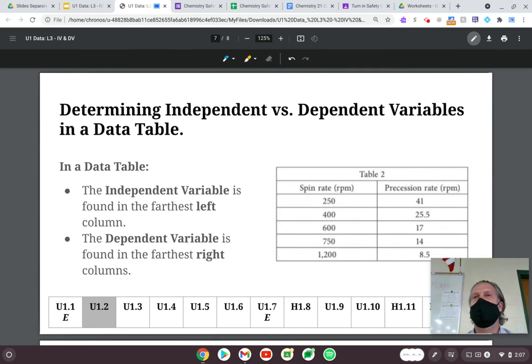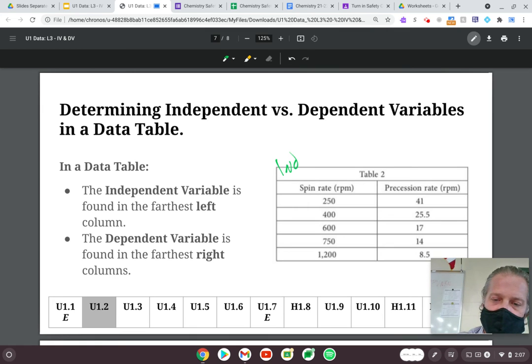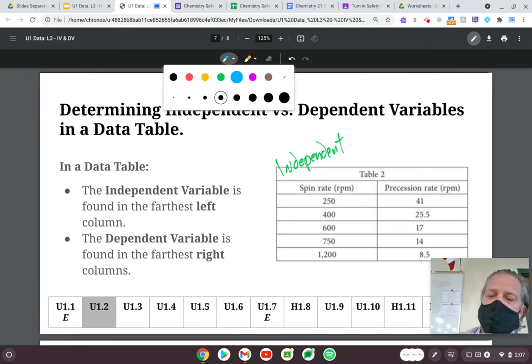Determine the independent and dependent variable in a data table. Did I go too fast? All right. So in a data table in GHS and in almost most of the world, very rarely is this not the case. In a data table, the independent variable is always the first column, and the dependent variable is always the second or third or fourth or fifth column.